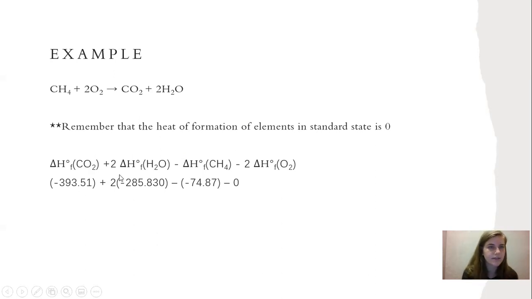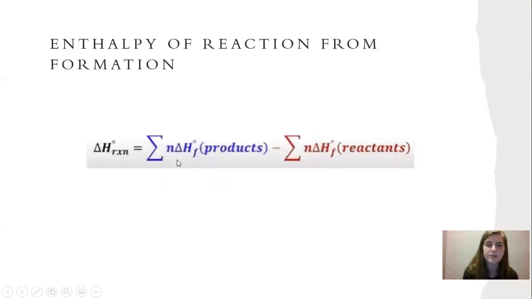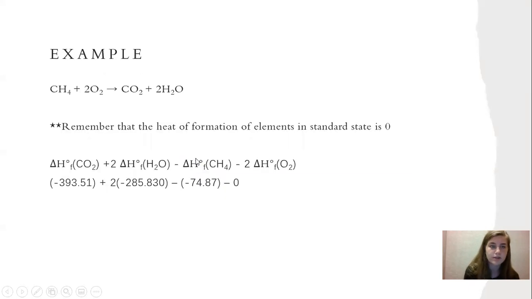And okay, so let's take a look at this. So again, we want to start with moles times the heat of formation of products. So here we have CO2 and 2H2O. So we have delta H of formation of CO2 and 2 times the delta H of formation of H2O. Where does this 2 come from?